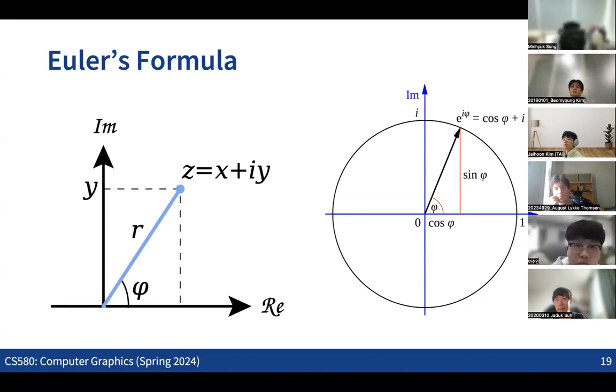So what we are going to see is, let's think about the 2D space of complex numbers. We have the real number axis here, and also the imaginary axis here. Any point over this 2D plane represents one complex number, right?